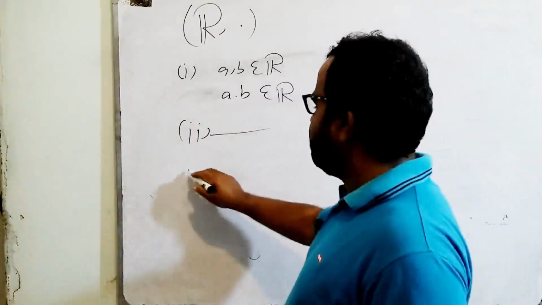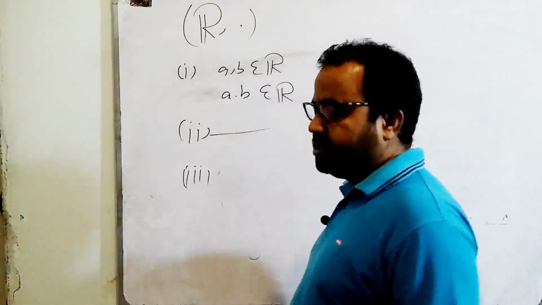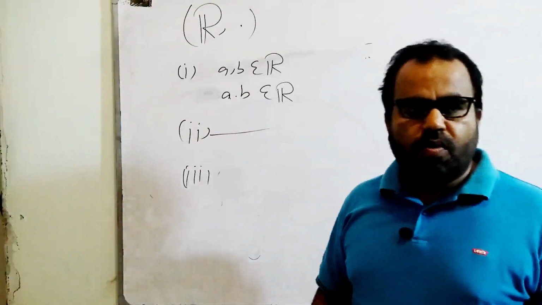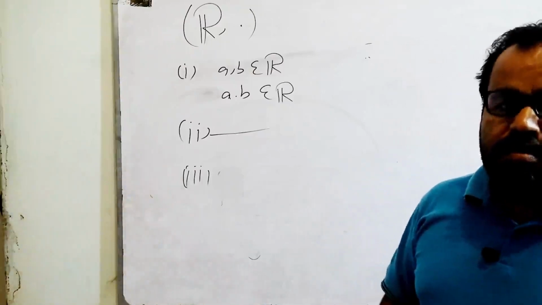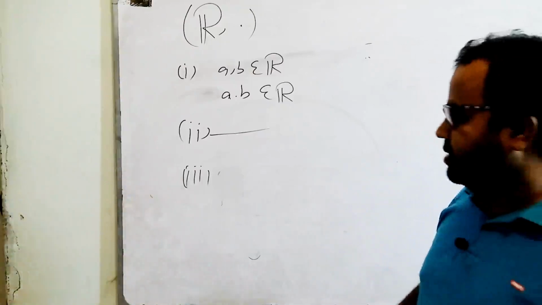Okay, the third property is the identity element. The binary operation is multiplication, remember that.